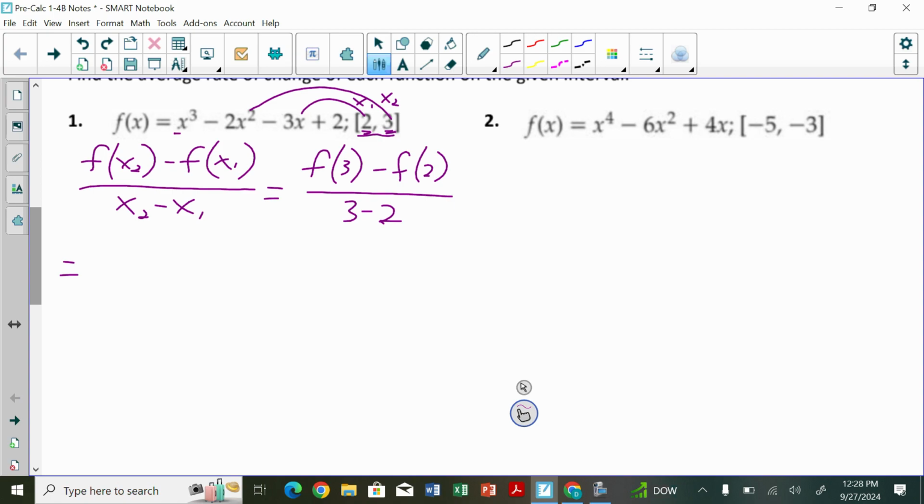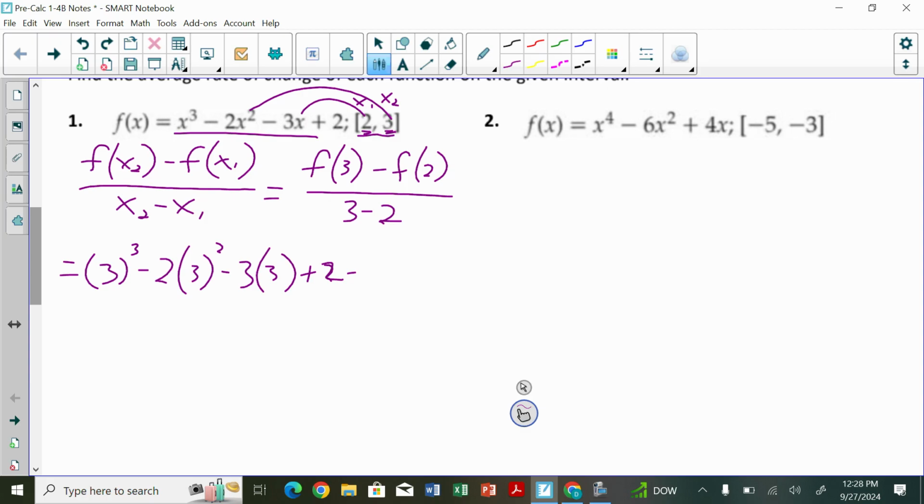If we take this function and plug in the 3, it would be 3 cubed minus 2 times 3 squared minus 3 times 3 plus 2. Then we're going to subtract, because we have to evaluate the second one.